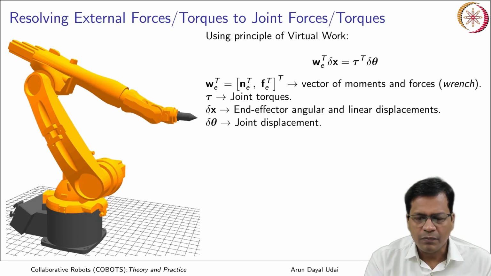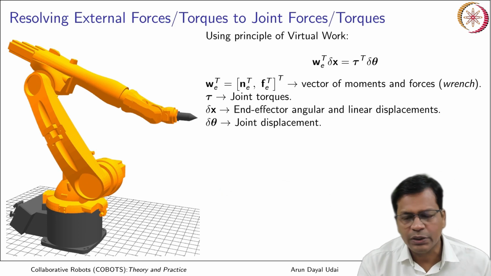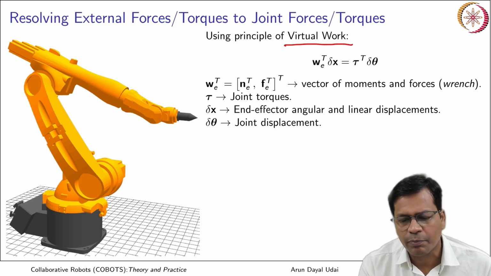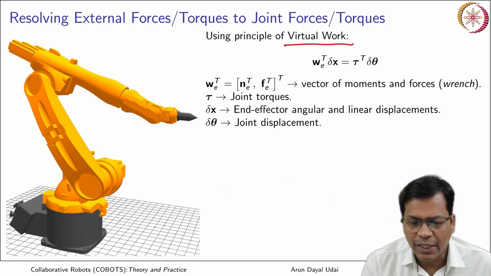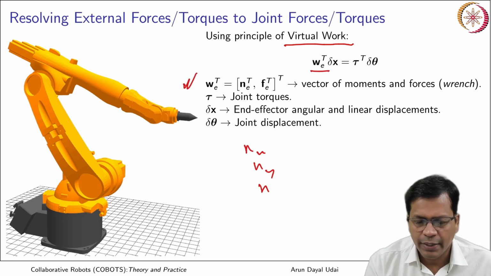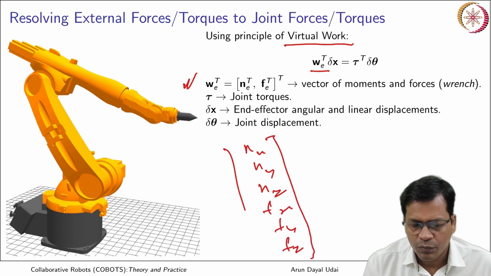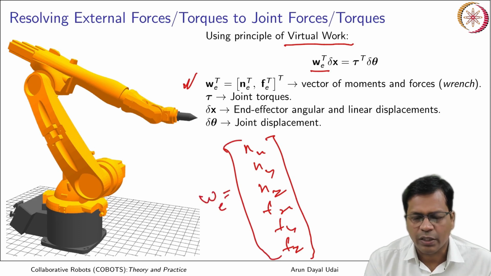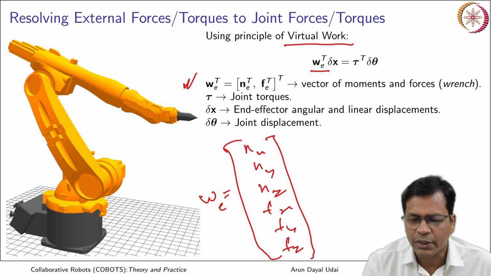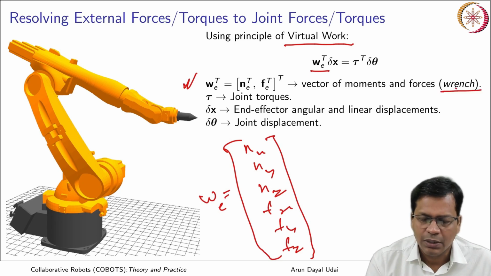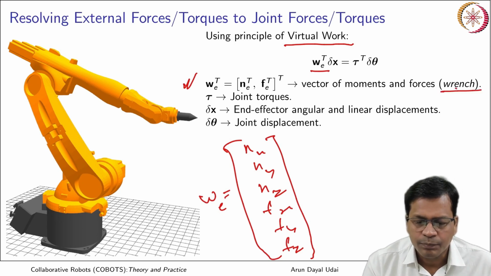So how will we do it? Using the principle of virtual work, if you remember. The external wrench is W_E, with Nx, Ny, Nz, these are the moments, and Fx, Fy and Fz, this is the force. Clubbed together they create the wrench vector, a vector of moment and force, known as a wrench.